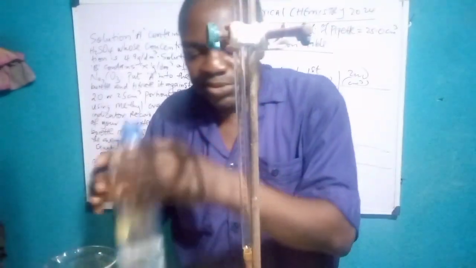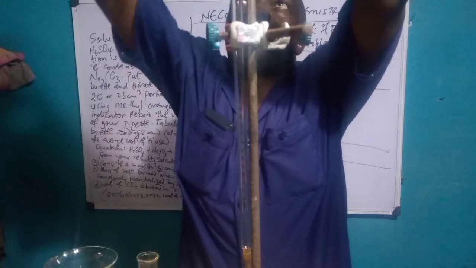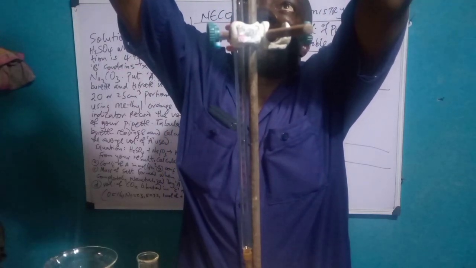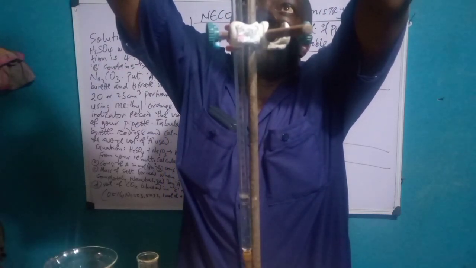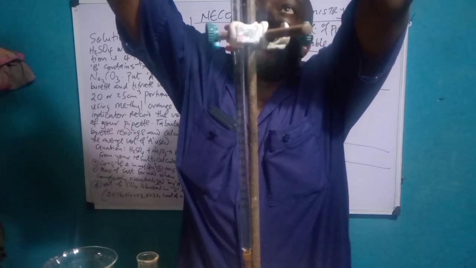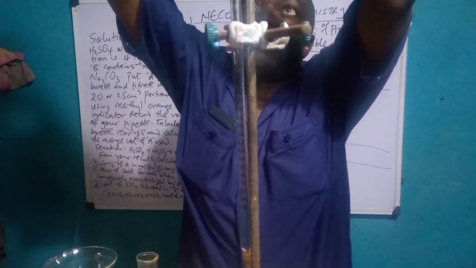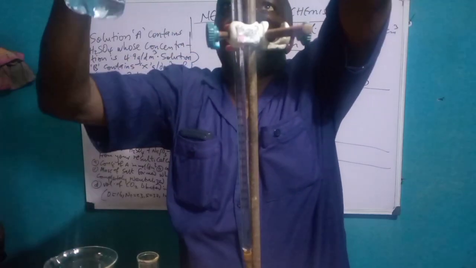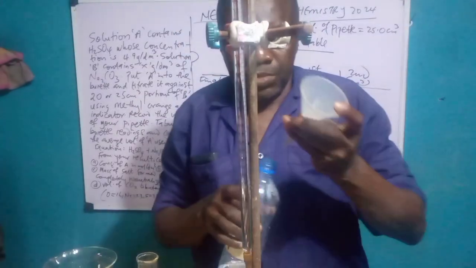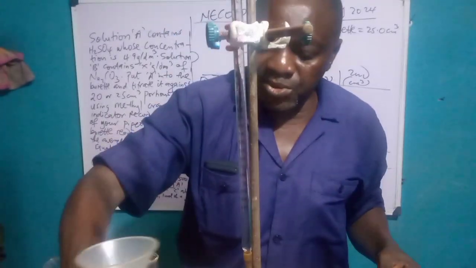That's the first precaution. Before I now add the solution I actually want, set it to exactly 0. Remember it's solution A, which is the acid solution.